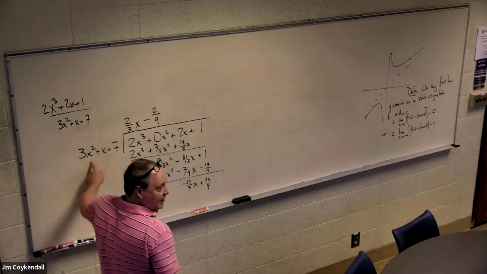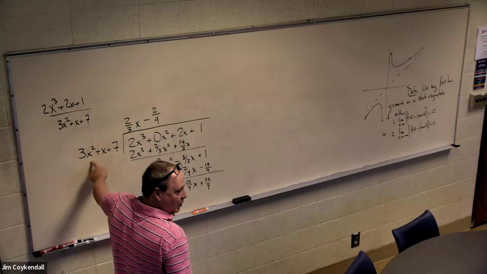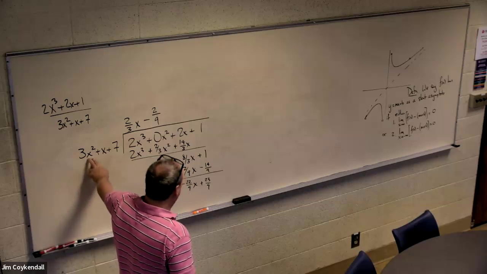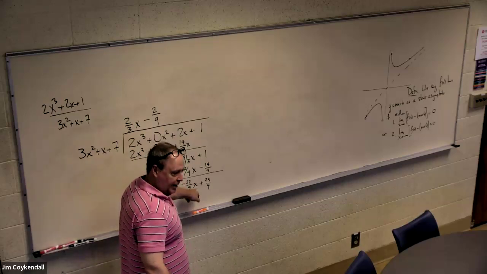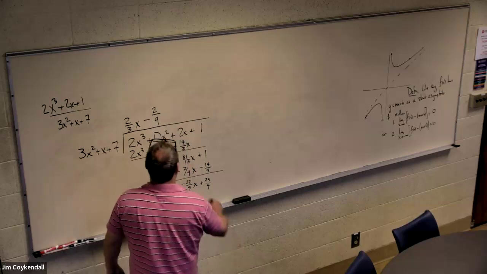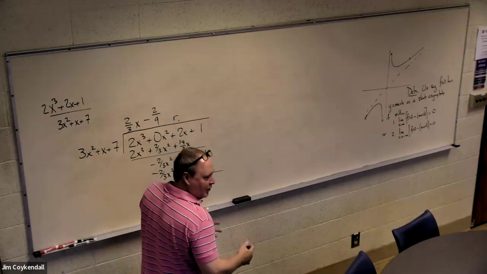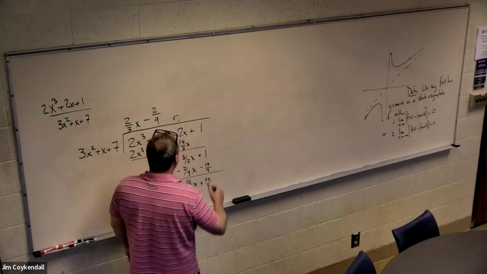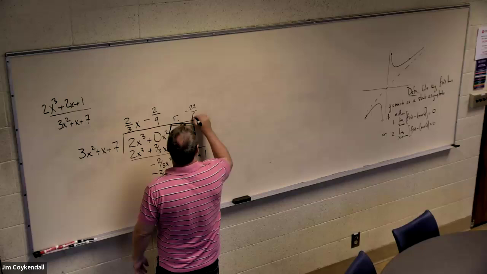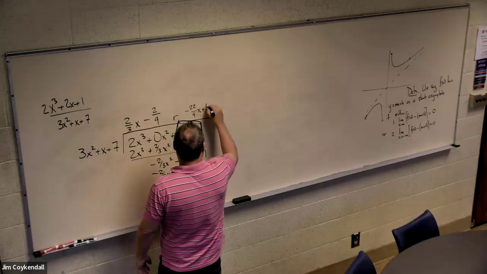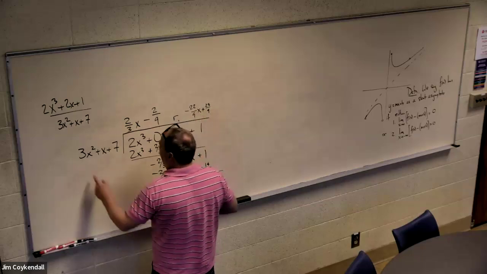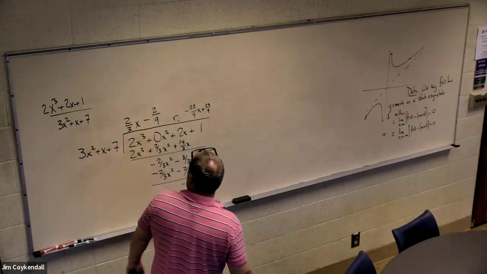Now, notice at this point it doesn't divide anymore because the power x squared does not go into a single x. Everybody agree with that? I feel like I'm getting installed for 4th grade. I'm going to write my remainder: minus 22 ninths x plus 23 ninths. X squared doesn't go in, so that's a true remainder.